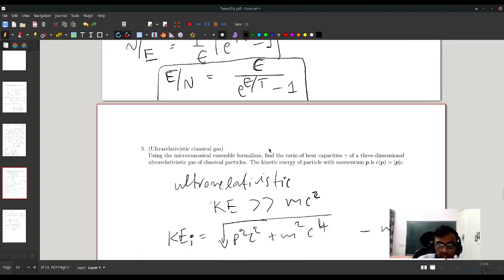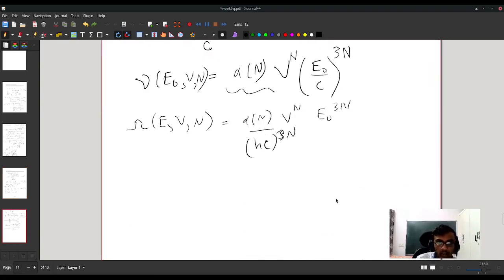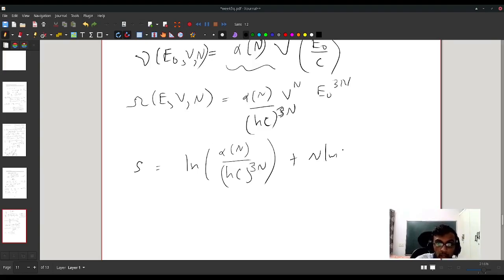So what is being asked is the ratio of heat capacities. So let's try to find the equations of state. First of all, the entropy is some constant which doesn't depend on volume and energy, plus n ln v plus 3n ln e.